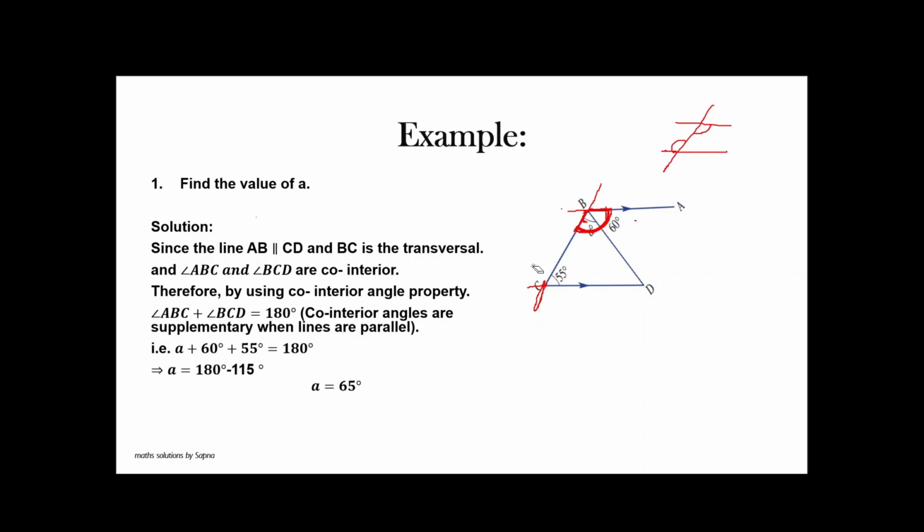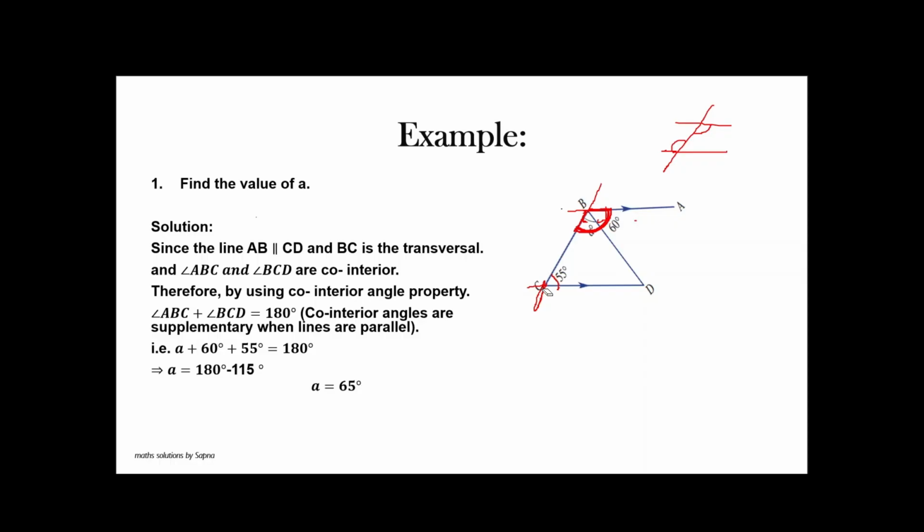Moving to the other one, co-interior. Yeah, co-interior could be there. Reason: this angle is co-interior, meaning between the lines. So A plus 60 is between AB and CD, similarly 55 degrees is also between AB and CD, right? So they are co-interior.